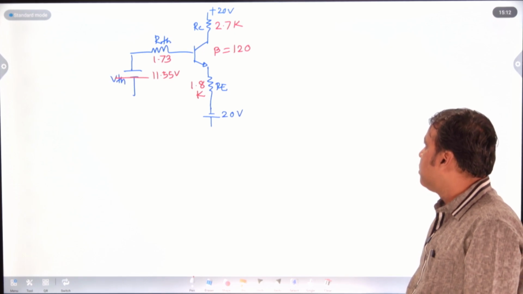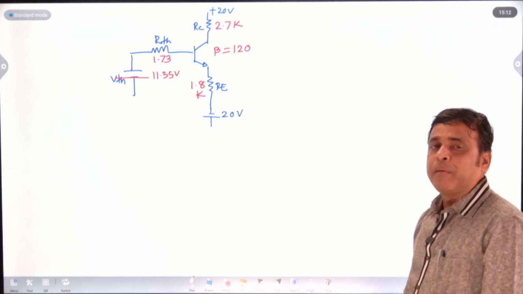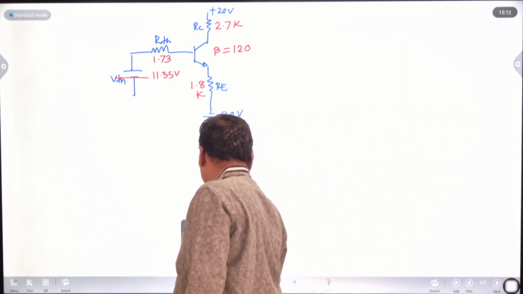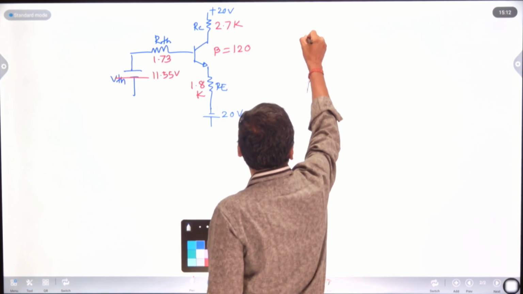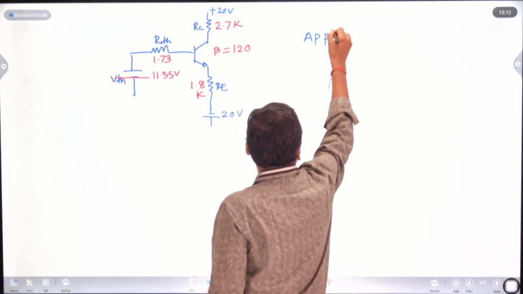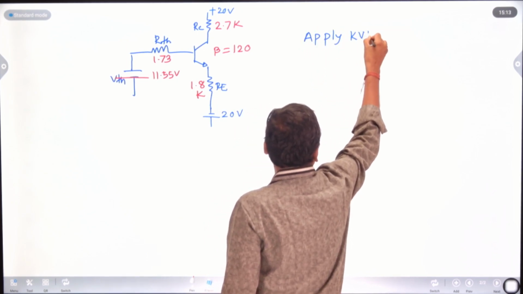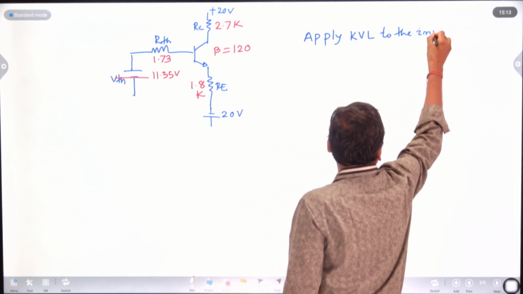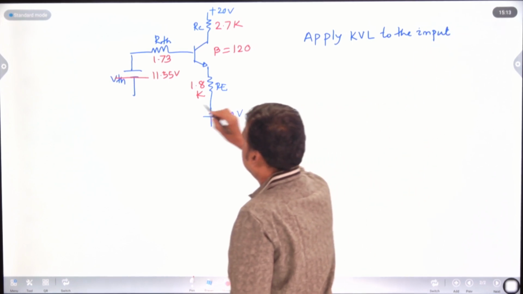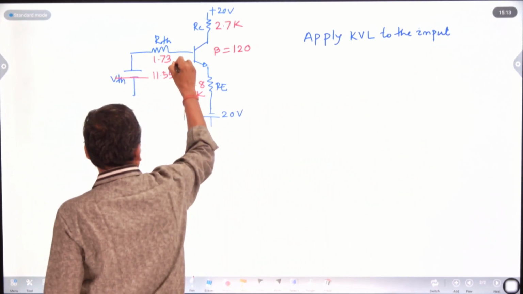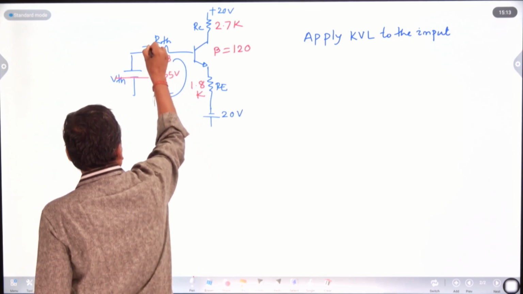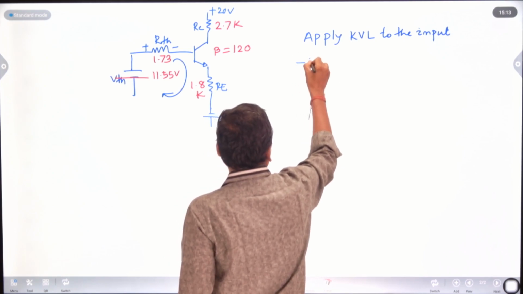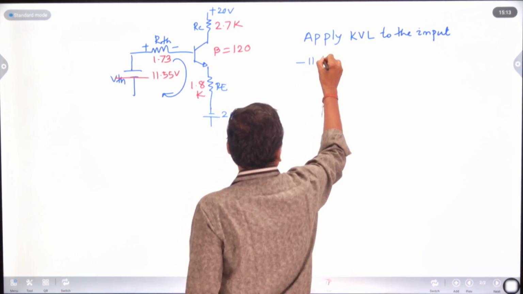Then we will apply KVL to the input, and then apply Kirchhoff's voltage law to the output. Apply KVL to the input loop. What is my input equation? Here, plus minus minus. Here the current flows like this. This is your plus and this is your minus. So plus minus minus, that is minus 11.55.